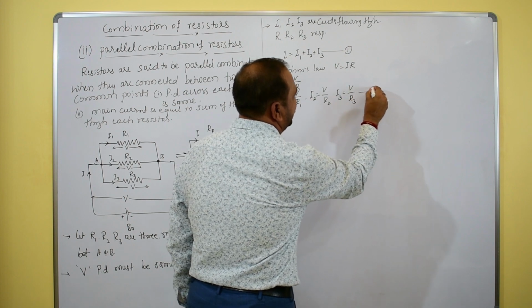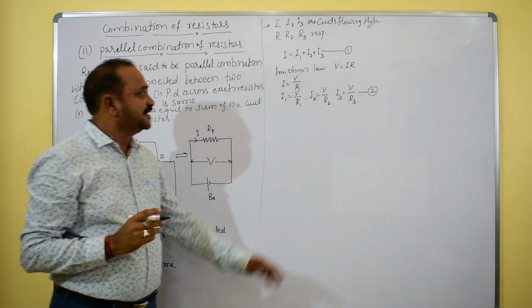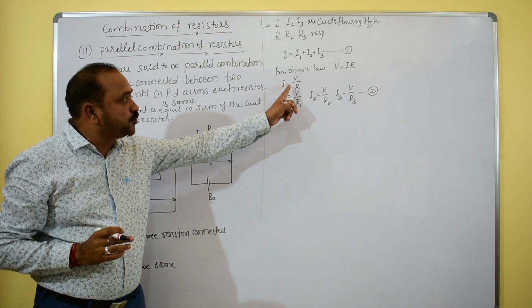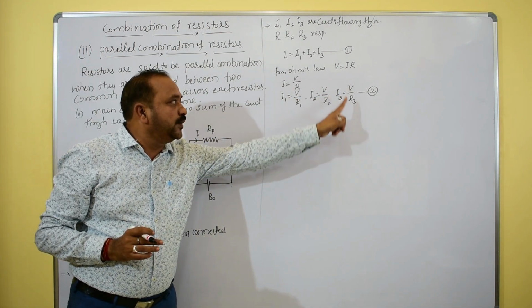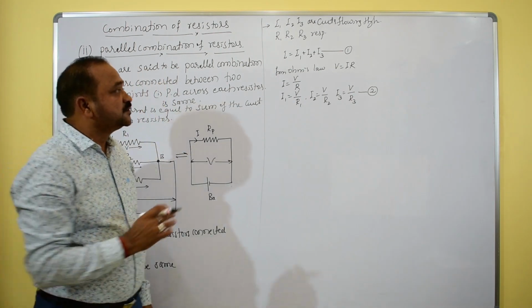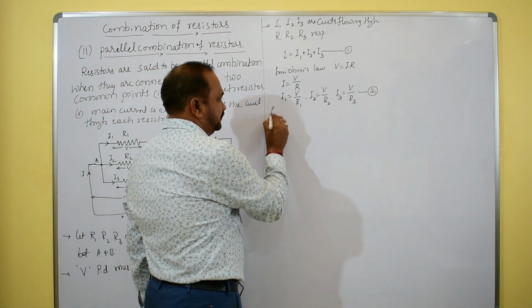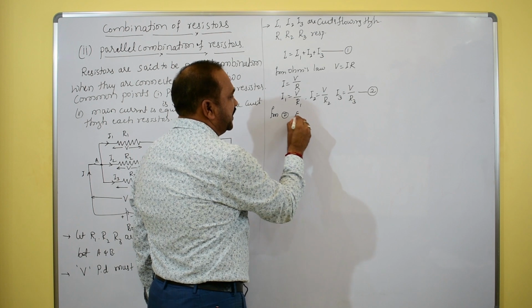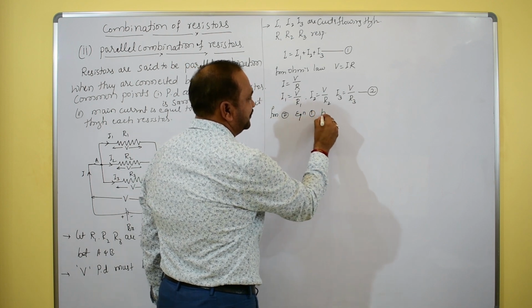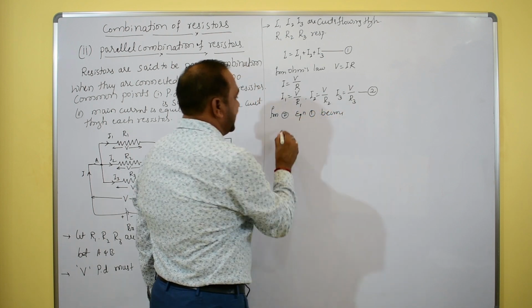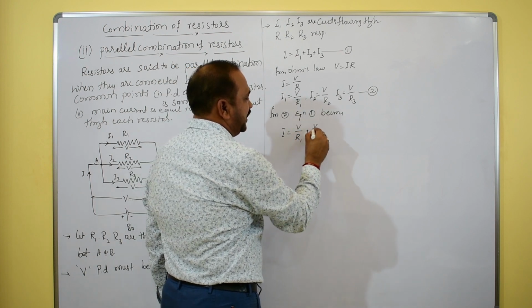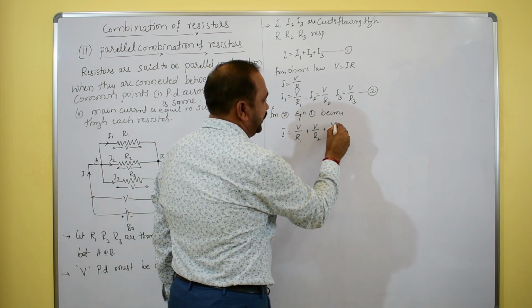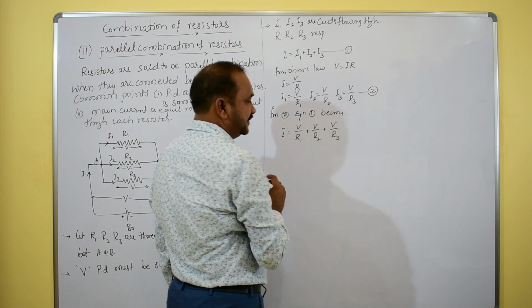We call that equation number 2. From Ohm's law, I1 equals V by R1, I2 equals V by R2, I3 equals V by R3. So from equation 2, equation 1 becomes I equals V by R1 plus V by R2 plus V by R3.